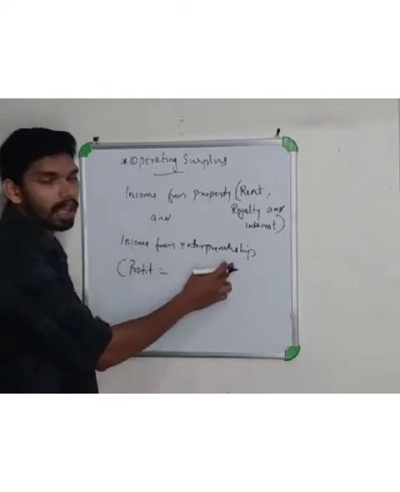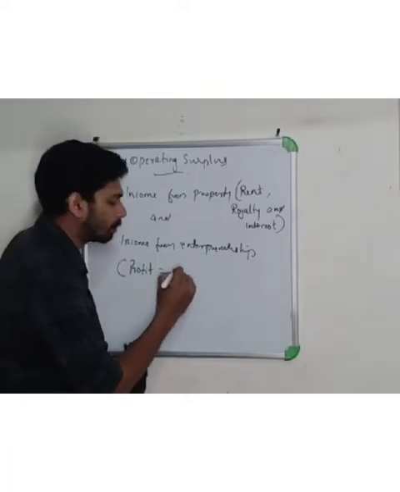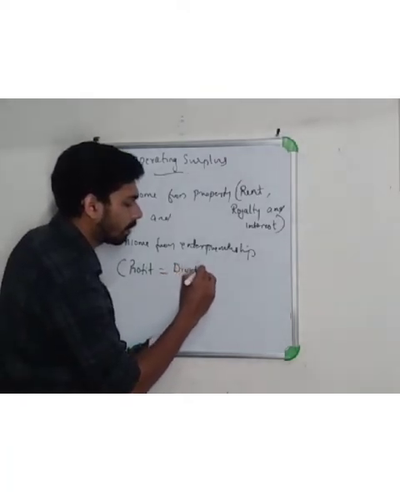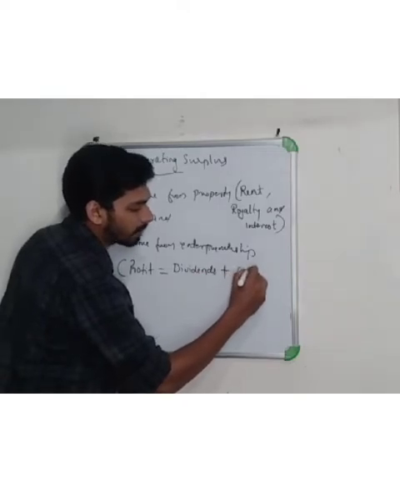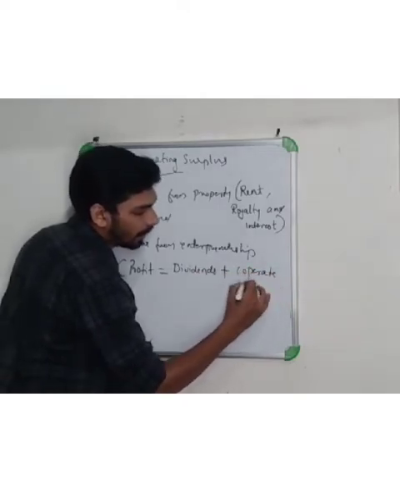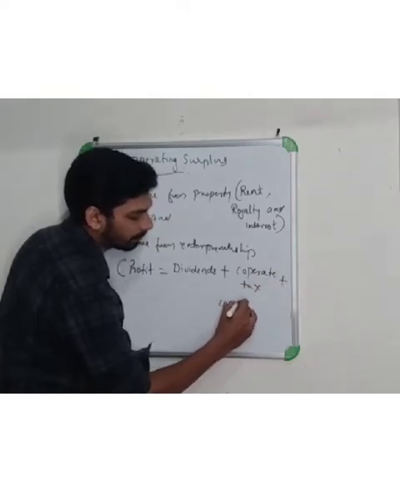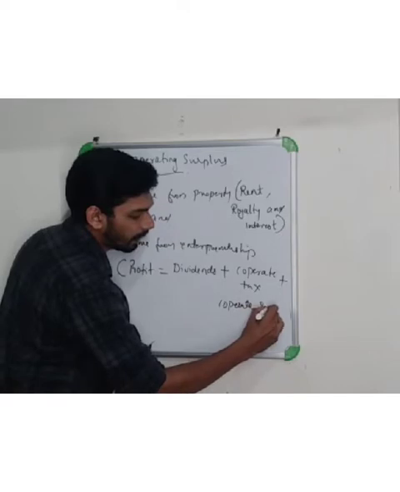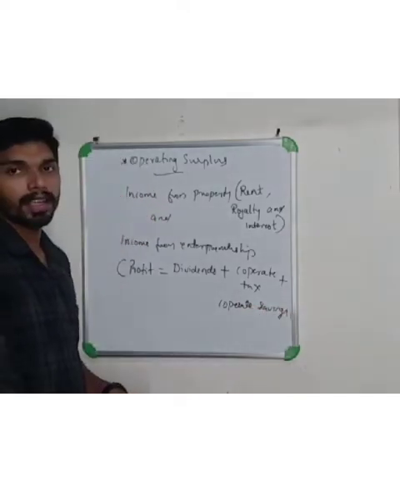So income from the entrepreneurship is the profit, and the profit is the sum total of dividends plus corporate tax plus corporate savings. So this is the operating surplus.